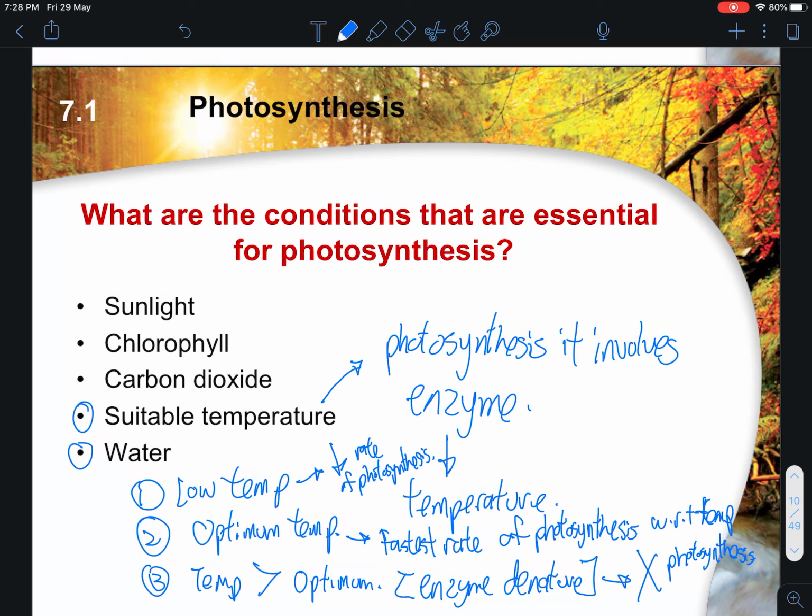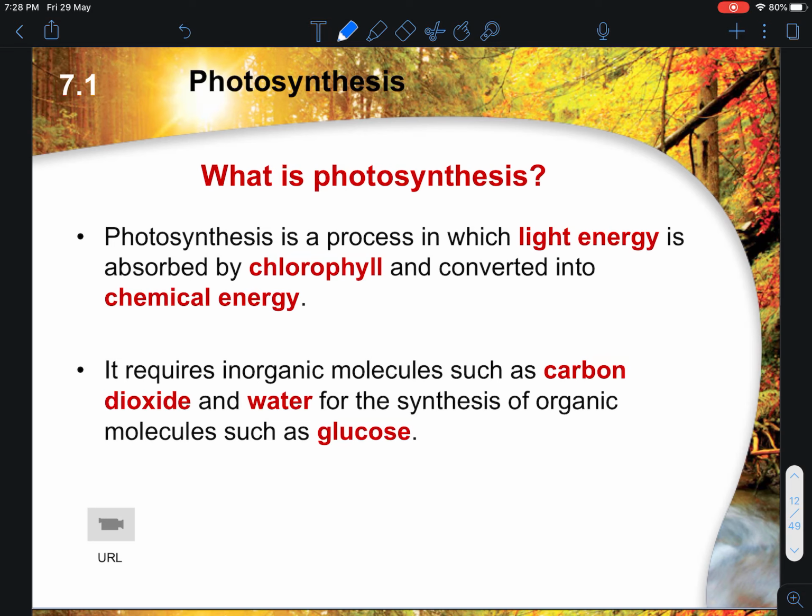So what is photosynthesis? Photosynthesis is the process in which you use light energy absorbed by chlorophyll, which is from the chloroplast, to convert it into chemical energy. Chemical energy is in a way your glucose. So it requires inorganic materials like carbon dioxide and water to form glucose. Why glucose? Because, like what we have studied in the previous chapter, glucose is C6H12O6.